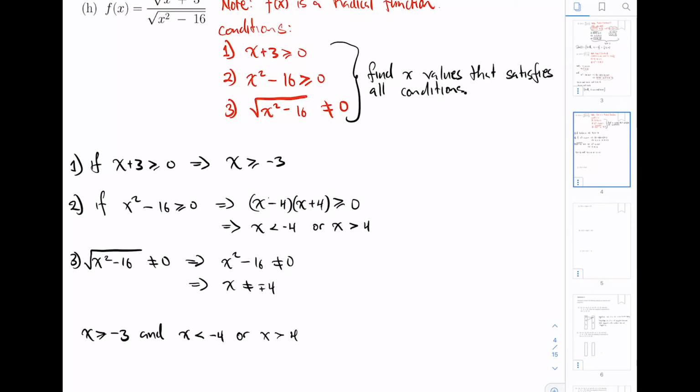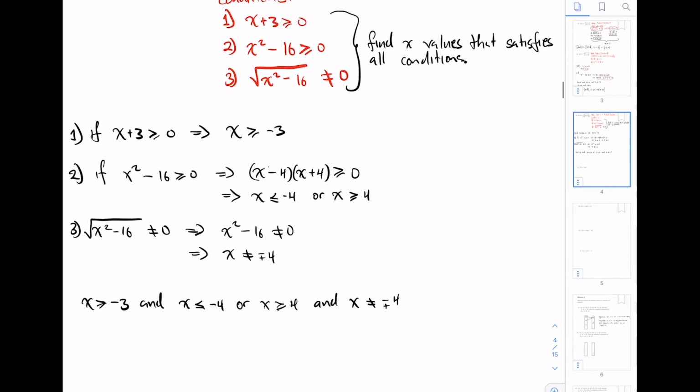Greater than 4, and x must not be equal to, I guess intuitively I was writing the correct thing. x must not be equal to -4 or +4.